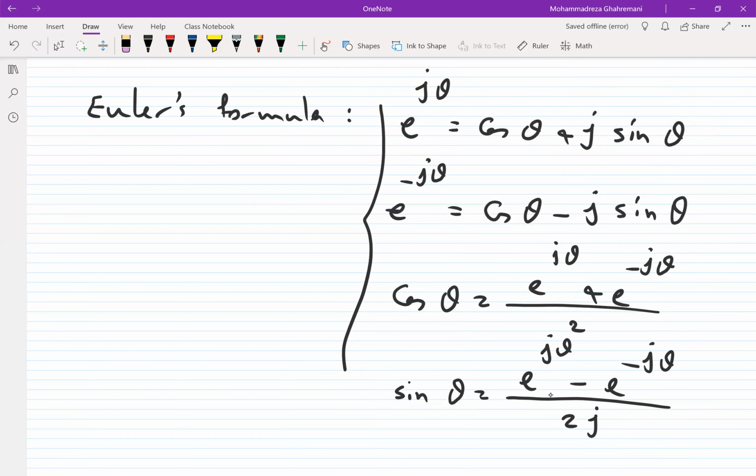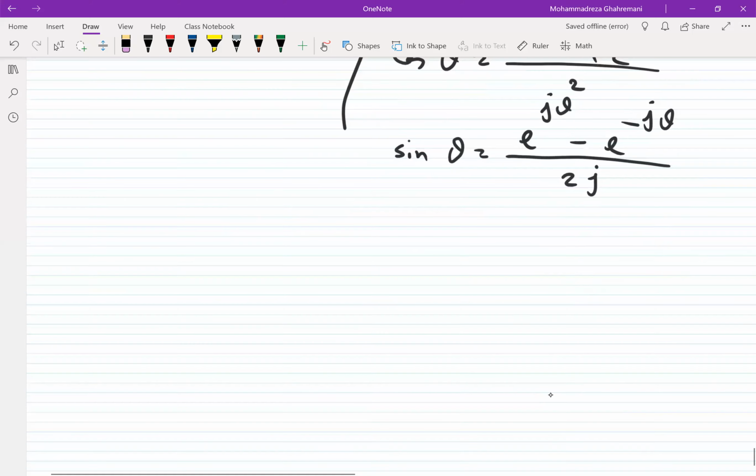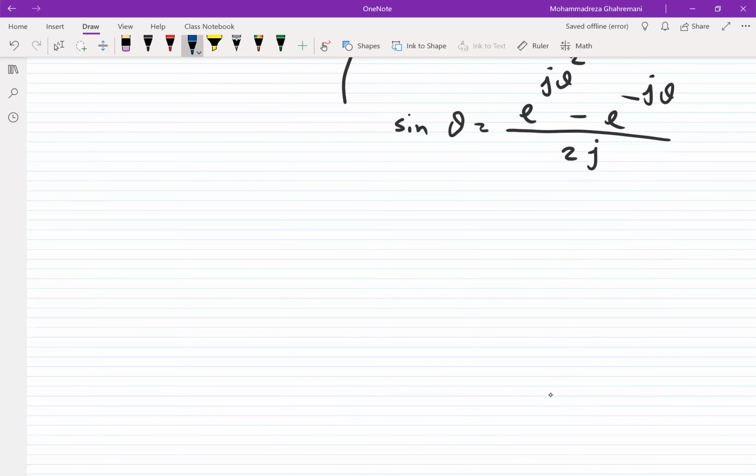Okay, so as I mentioned, e to the power of j theta is equal to cosine of theta plus j sine of theta.